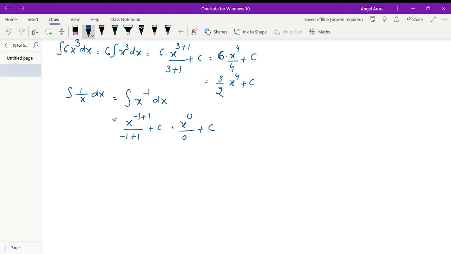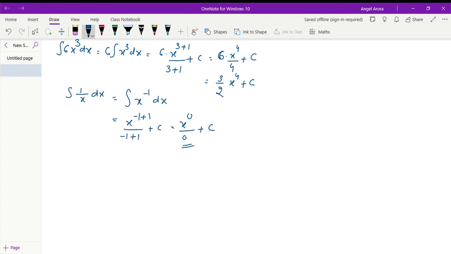But this is not a sensible solution here. Why? Because any number divided by 0 is not defined. Suppose we have a given quantity and we divide it among 0 people, then that is not a sensible solution, because items are there but we don't have any people to share them with. So that doesn't make any sense.